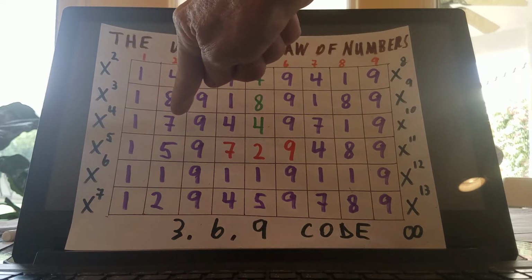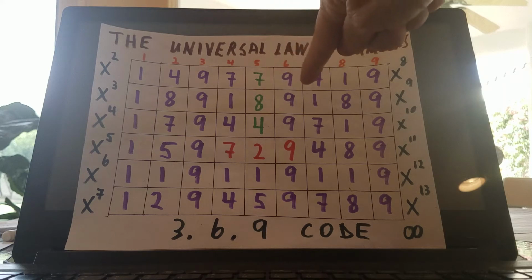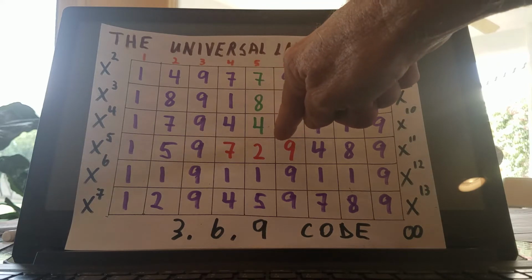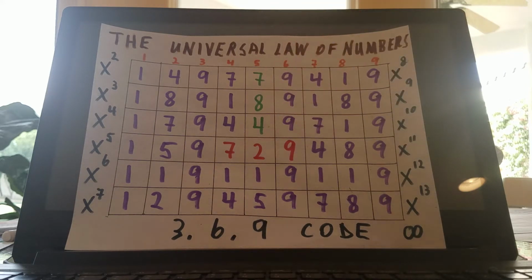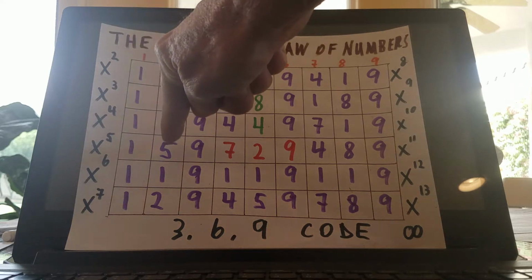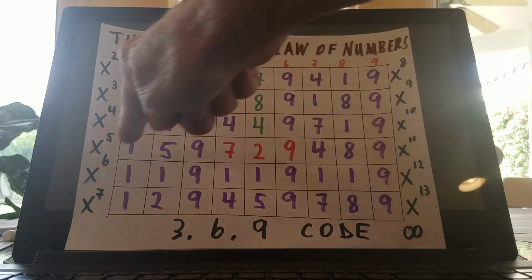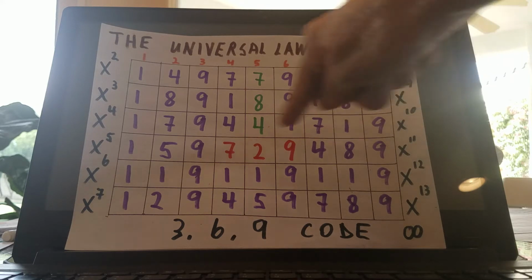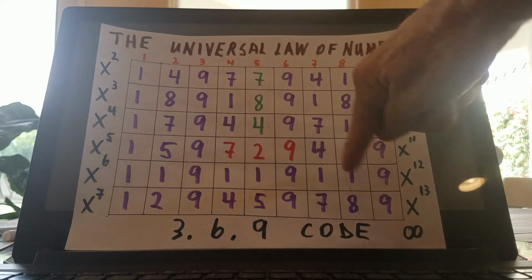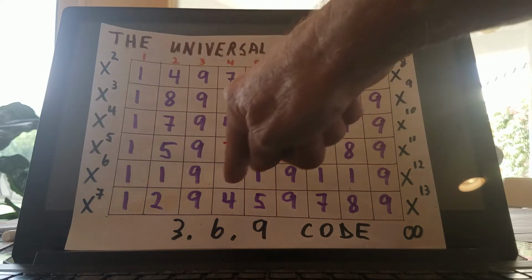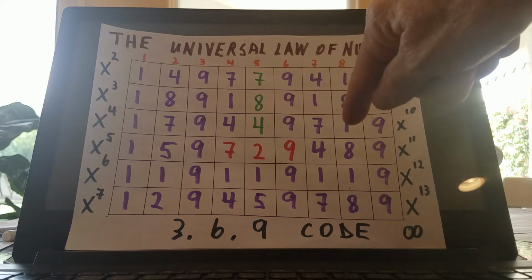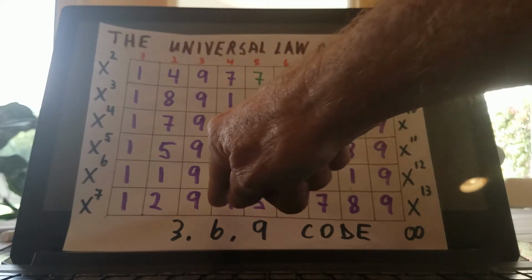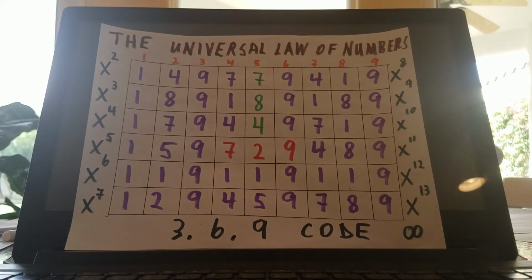If we go 1 times 7 is 7, 1 times 4 is 4, 1 times 1 is 1, 741 code. 1 times 8 is 8, 4 times 8 is 32 is 5, 7 times 8 again is 56 is 2, that's the 258 code. 7, 1, 4, that's the 714 code. 1, 7, 4, that's the 174 code. 5, 2, 8, that's the 528 code. 2, 5, 8, the 258 code. 1, 4, 7, that's the 147 code.